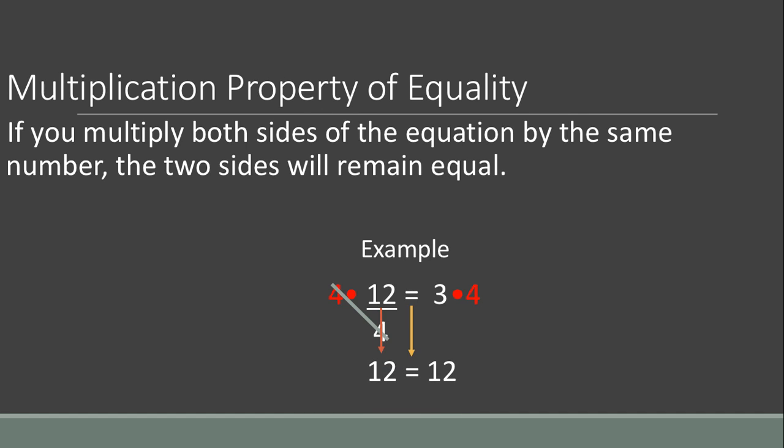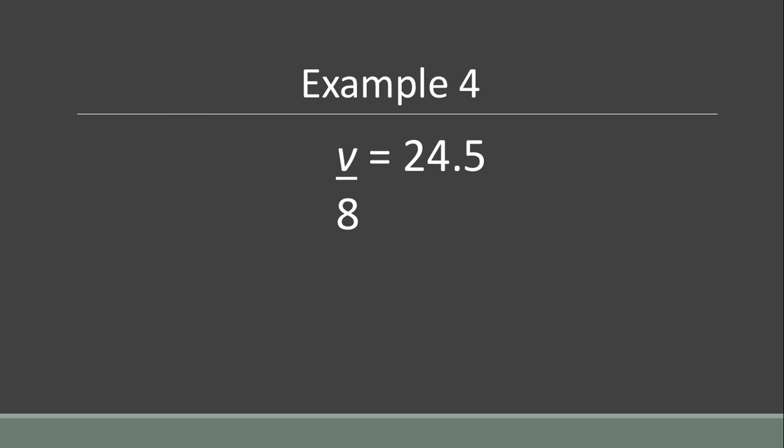And I know that 3 times 4 is equal to 12. So this proves that if I multiply both sides of an equation by the same thing, the two sides will remain equal. And we can use that to solve problems that start off as division. So here I have v over 8, or v divided by 8, equals 24 and 5/10.